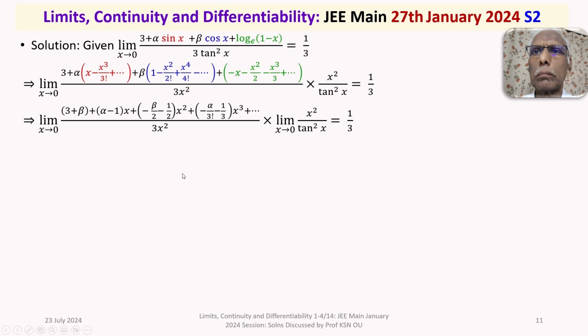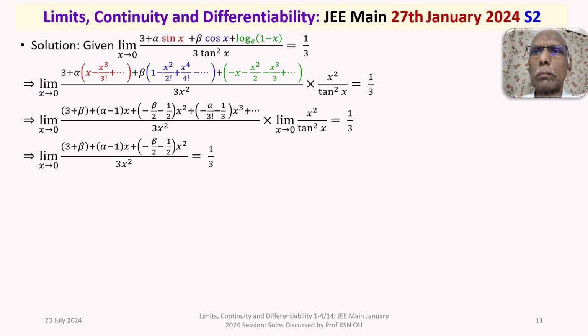So take the limit. Limit x tends to 0, 3 plus beta plus alpha minus 1 times x plus minus beta by 2 minus 1 by 2 x square, by 3x square, and the limit of x square by tan square x as x tends to 0 is 1. So it is equal to 1 by 3. Agreed?